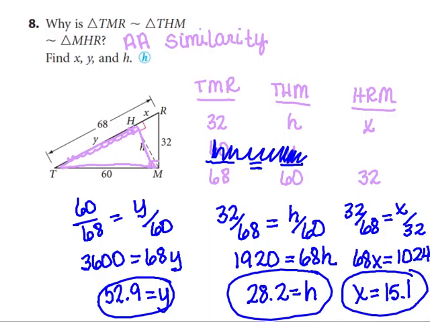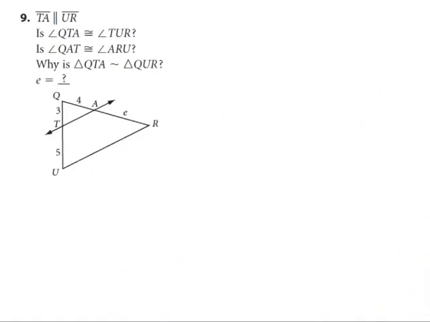All right, these are going to be tough. I'm going to warn you. Okay? And so if you look at this one, look at what it says. TA is parallel to UR. Now notice these are 8 and 9 on your homework, if you're paying attention. Okay, is QTA congruent to TUR?